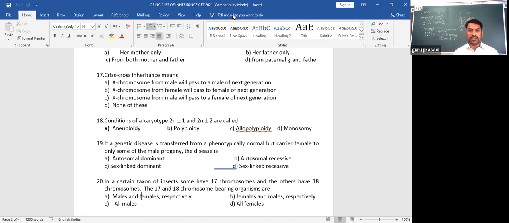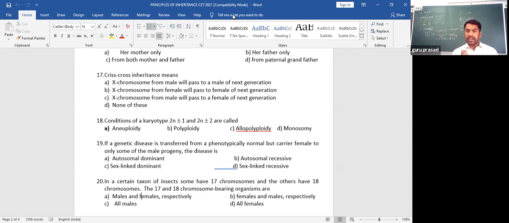Here they have given autosomal dominant, autosomal recessive, sex-linked dominant, sex-linked recessive. Whenever we come across autosomal, whether dominant or recessive, the chances of transferring the disorder are equal for both male and female.